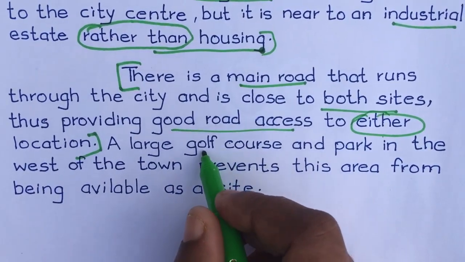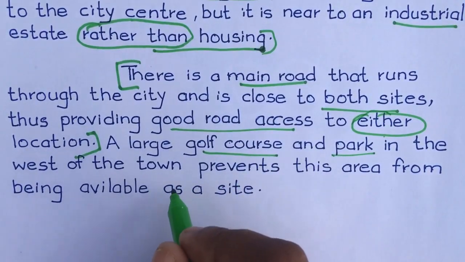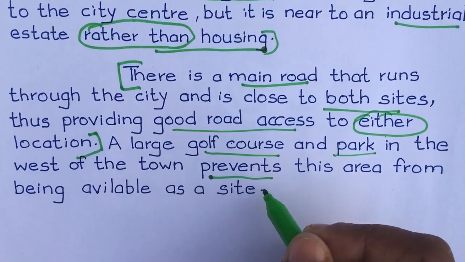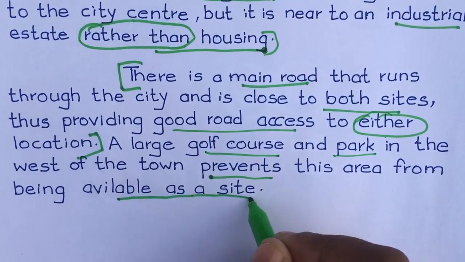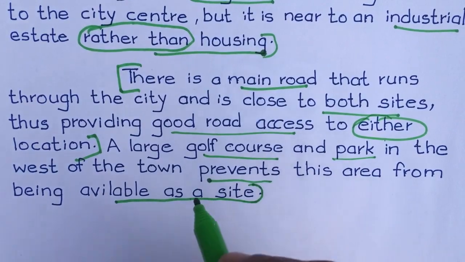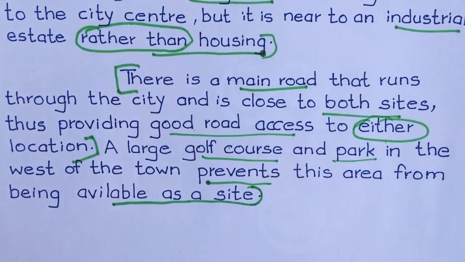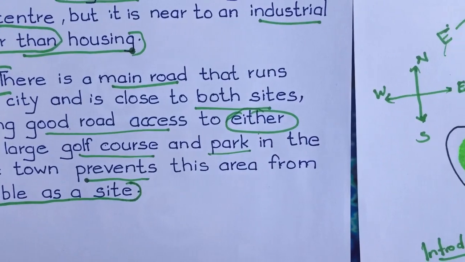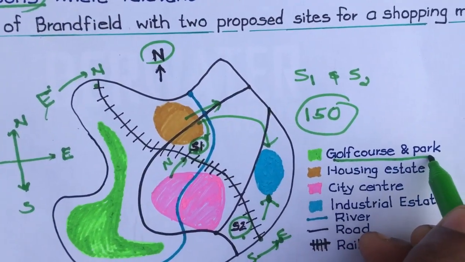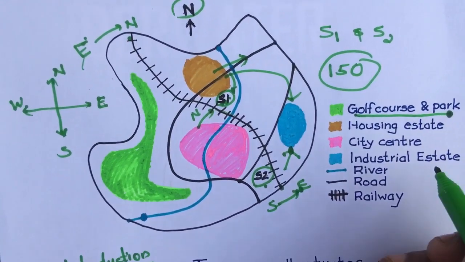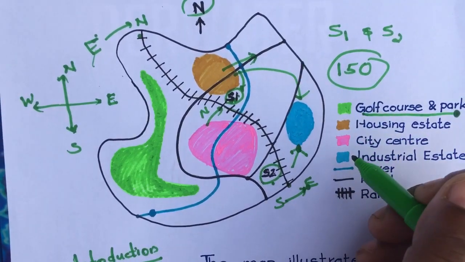A large golf course and a park in the west of the town prevents this area from being available as a site. So I have to mention one more thing over here, because two more extra things are given here, especially the golf course and park. We didn't mention this anywhere in our essay till now.